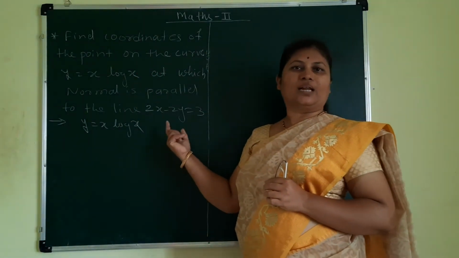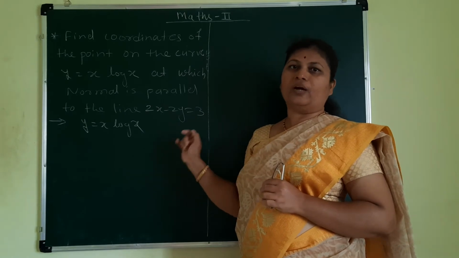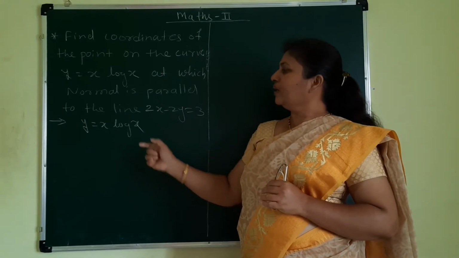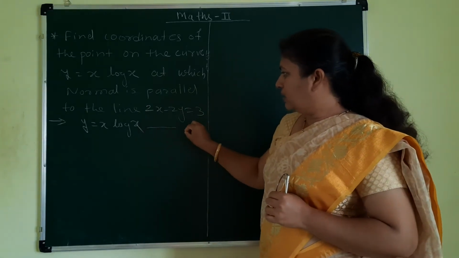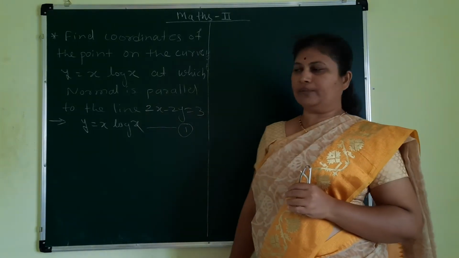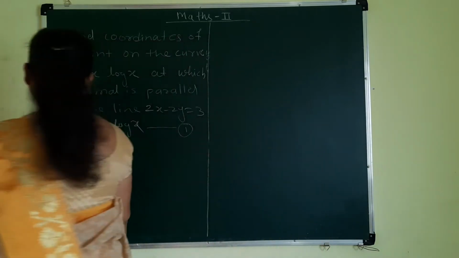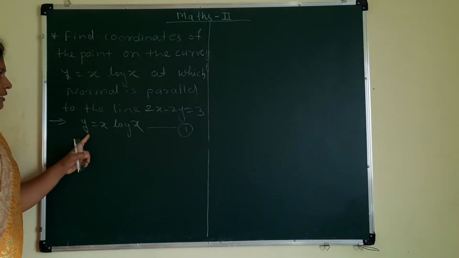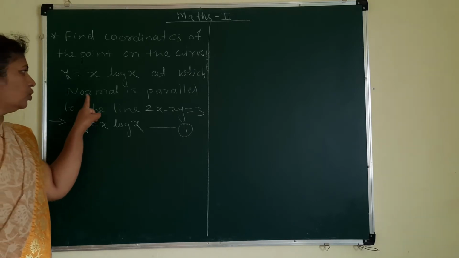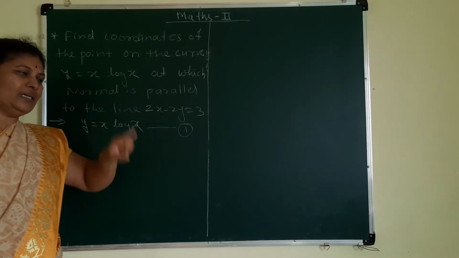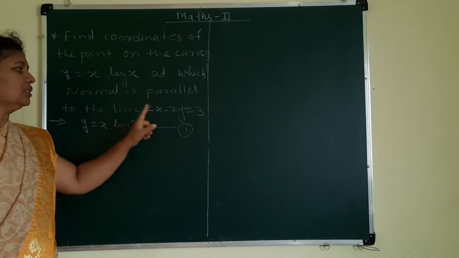We are not in our classrooms, therefore we have to adjust this. Okay, so y is equal to x log x is our curve. This is nothing but our equation number 1. Now look at this. On this curve there is a point through which we have to draw the normal, and that normal is parallel to this line.